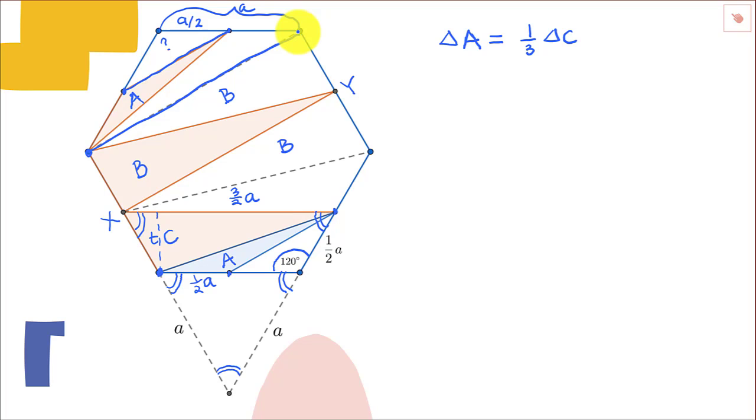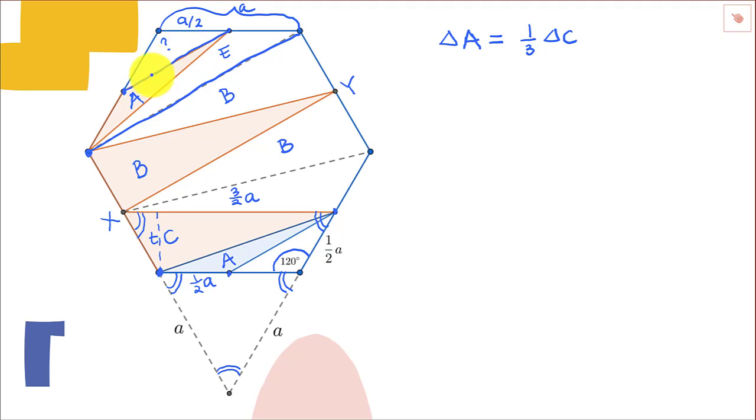So then this triangle E, let's say for the moment, is a triangle having a base twice the base of the triangle A, right?